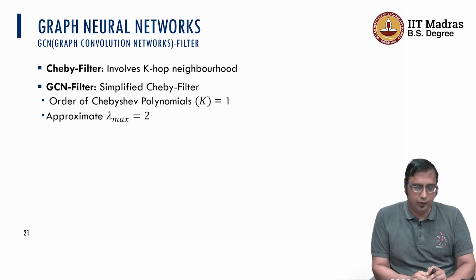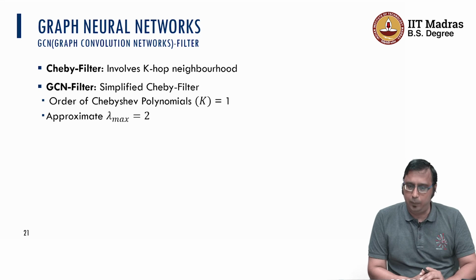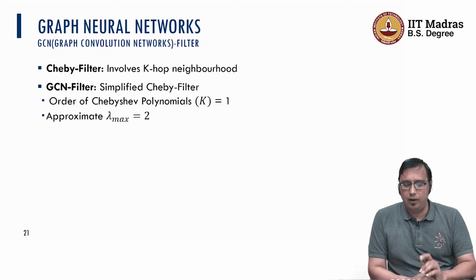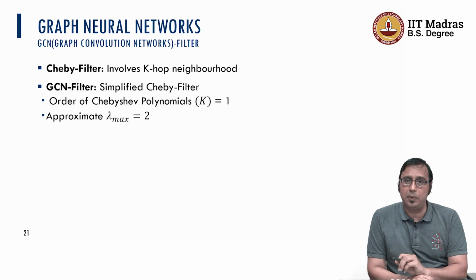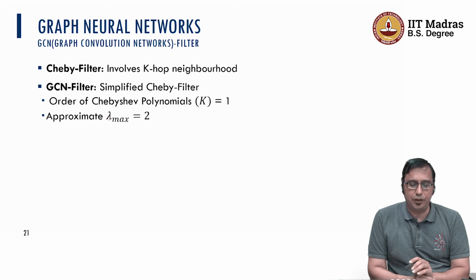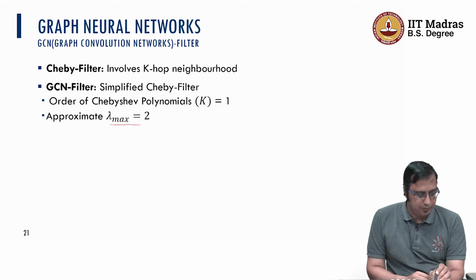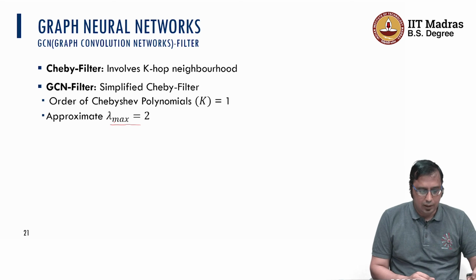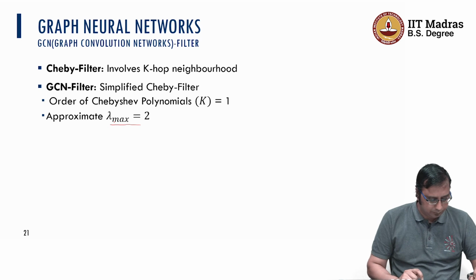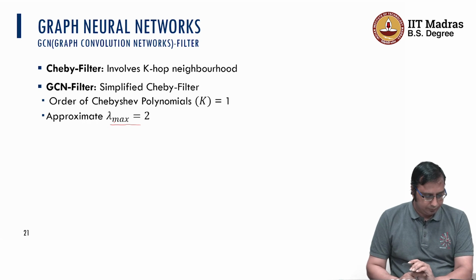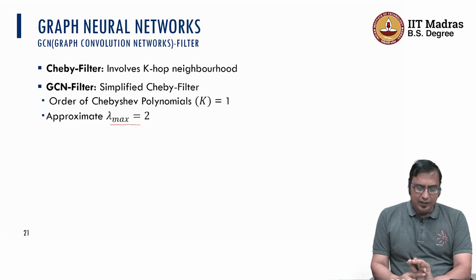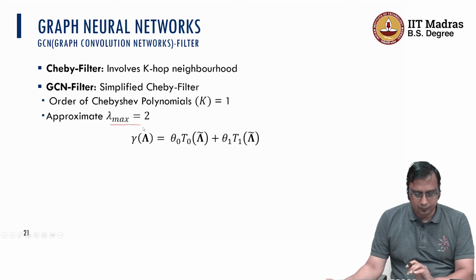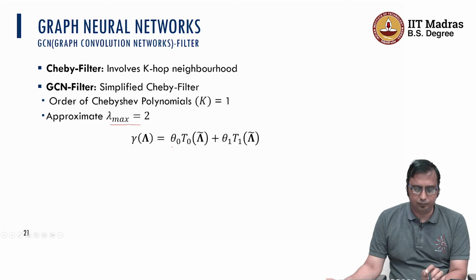So we are going to perform two kinds of simplification. We are going to change the order of the Chebyshev polynomial to k equal to 1, so we take a very simple polynomial, and we will approximate lambda max equal to 2. This is a certain assumption we are making to get our simplification. With this simplification, the Chebyshev filter can be written as follows.